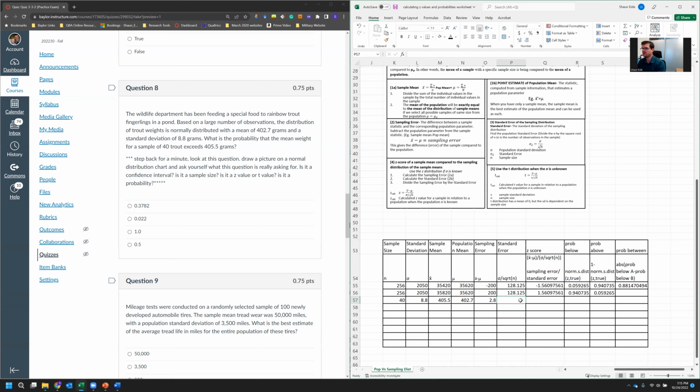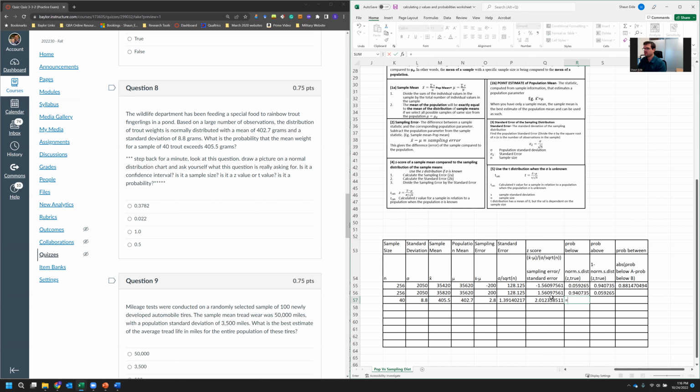Okay. And then the standard error equals standard deviation divided by square root of n. Okay. And then the z-score is going to equal sampling error divided by the standard error. And then the probability below. What's the probability that the mean weight exceeds 405.5 grams?